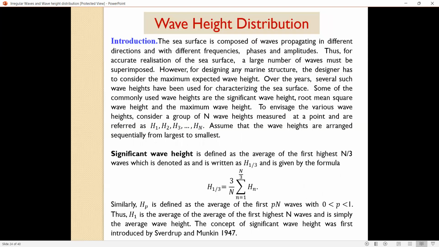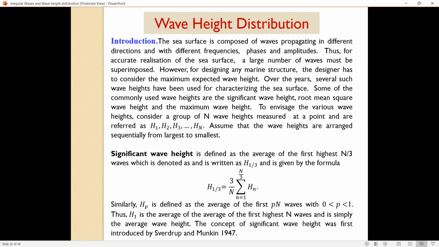So I started with a one-dimensional wave, the single regular wave. From that I went to an irregular wave, where I said sum of all this. Then I complicated the whole thing again by taking the wave approach in any direction. With that, so many wave heights are there.